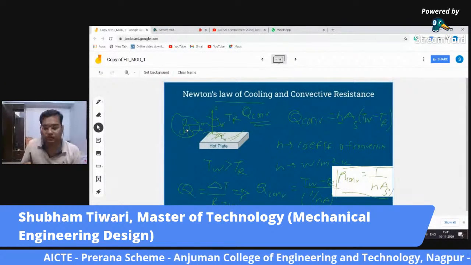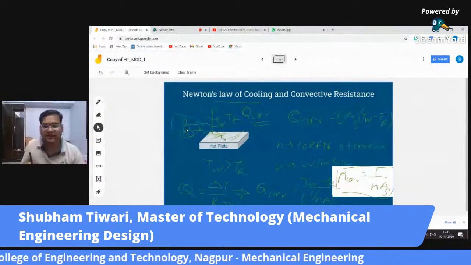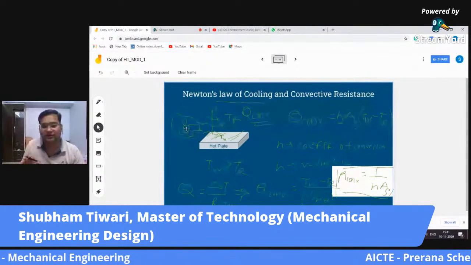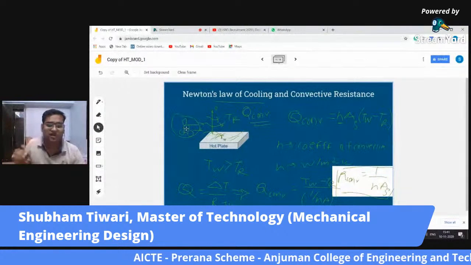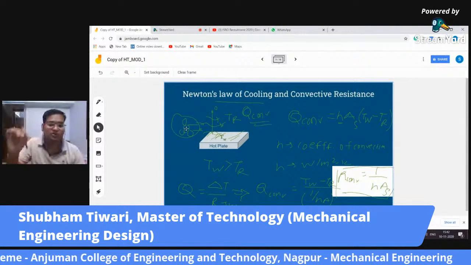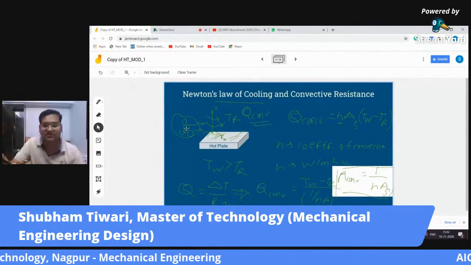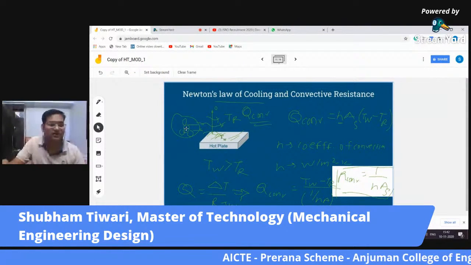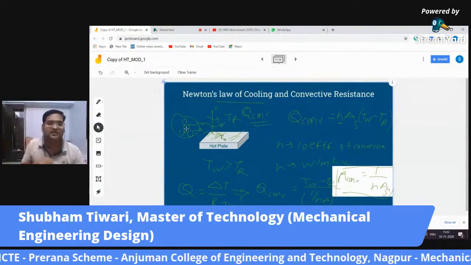So we have found thermal resistance for slab, for cylinder, for sphere, and now for convection. There is going to be thermal resistance, be it conduction, convection, or radiation. The medium, be it a vacuum or open space, will provide some sort of resistance. Nothing is going to be 100% transmission efficiency. Wherever there is heat transfer, there are going to be some losses, which are accounted for by this resistance.